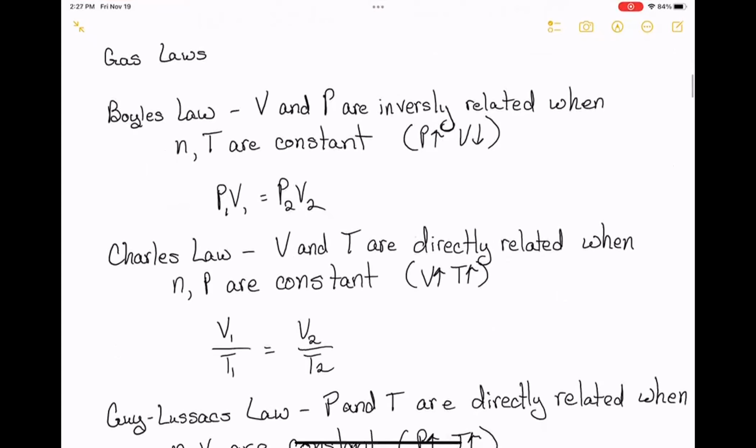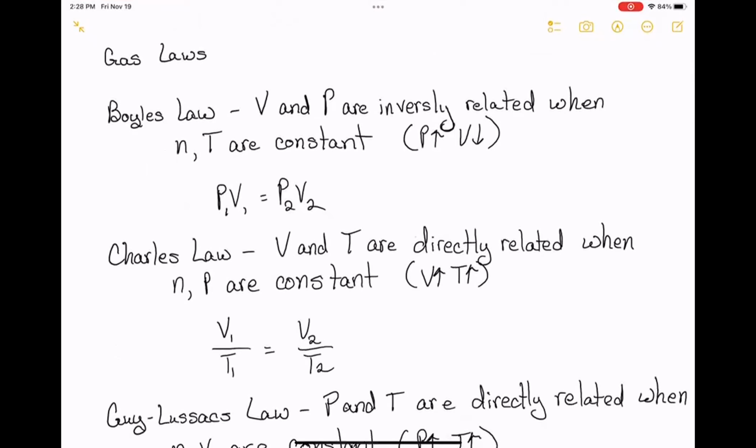So gas laws. One of the examples that I did with the interactive video was I increased the volume and you saw that the pressure decreased.